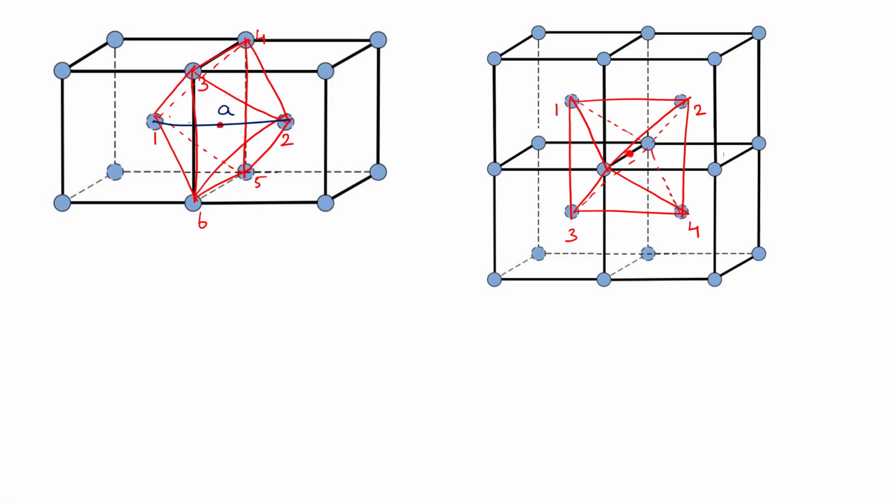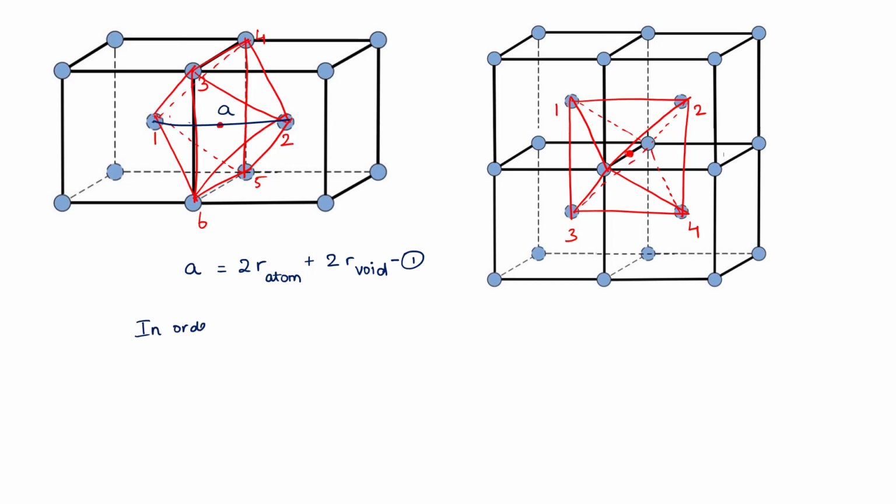So, from this, we can write an equation that the lattice parameter a is nothing but twice the radius of the atom plus twice the radius of the void. Let us consider this as equation 1.